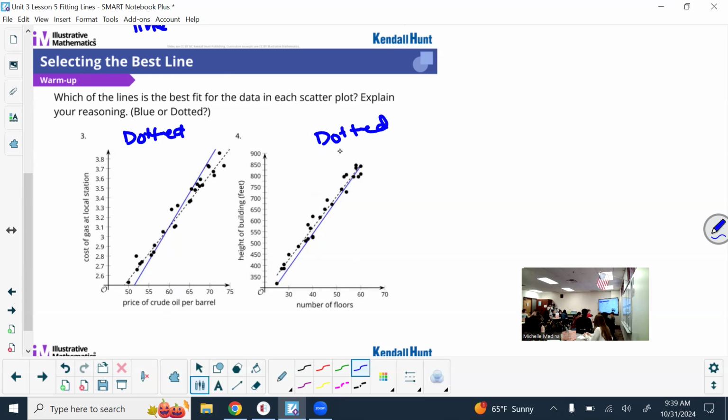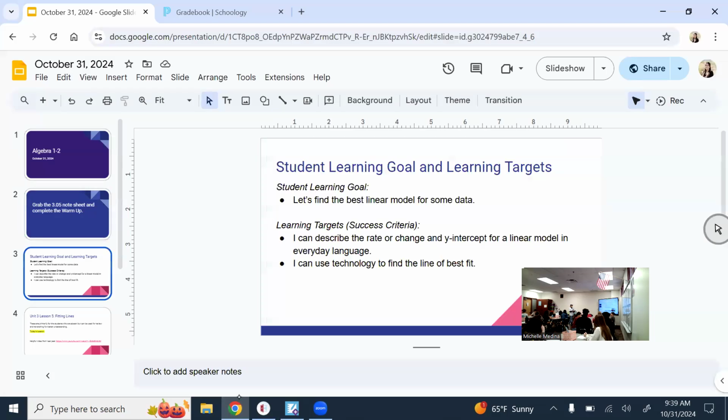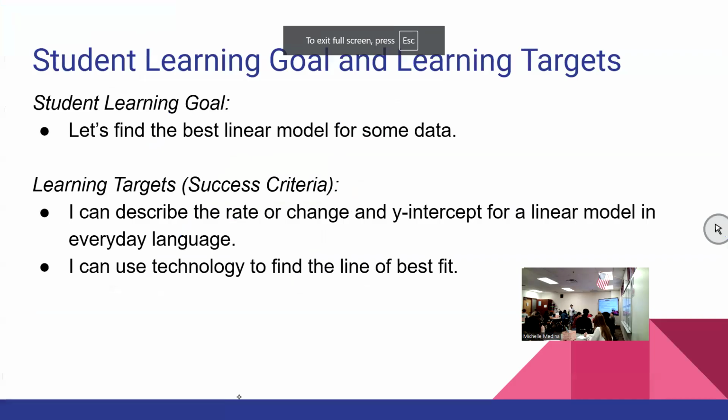This unit is a lot of vocabulary. There are some calculations, but really it's just a lot of conceptual stuff. So know how to make a line of best fit. We are doing lesson 5 today, which is about fitting lines to scatter plots and finding the best linear model.